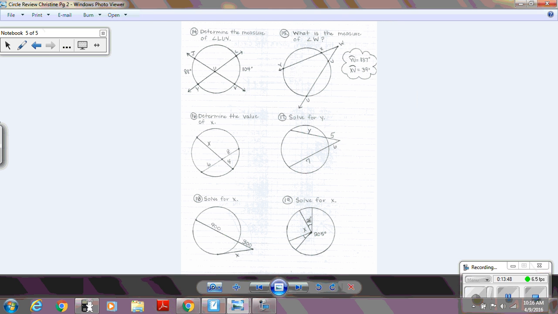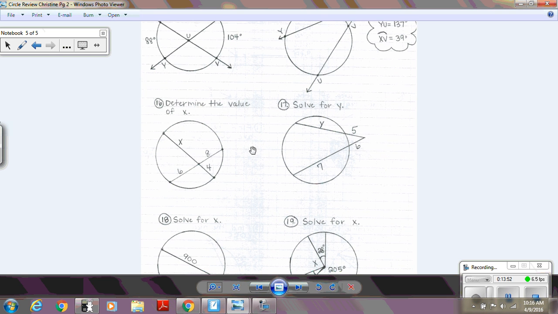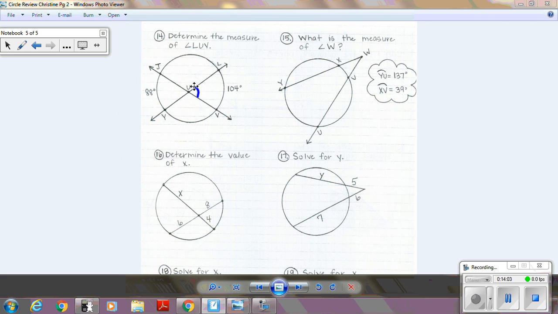On to the back. Number 14 first wants us to find the measure of angle LUV, so this angle here. LUV is inside the circle.